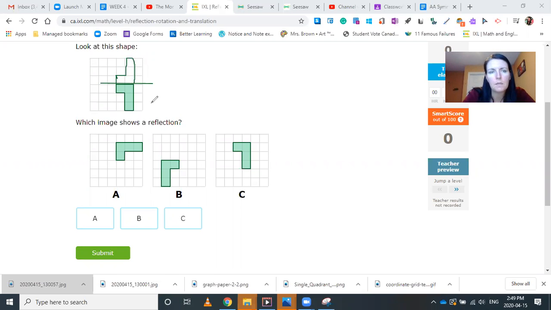So that could be one. You could also, do we see that anywhere? No, we don't. So let's clear those. We could also flip along this line here. And then he would look like this. We go off the page a little bit, but it would be a shape like that. Do we have that option? No, we don't. So let's clear those.